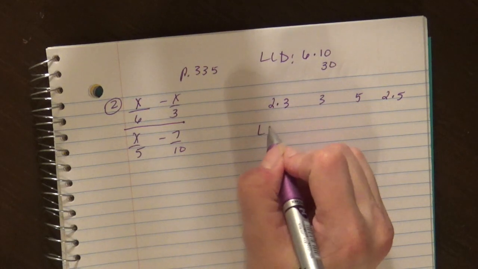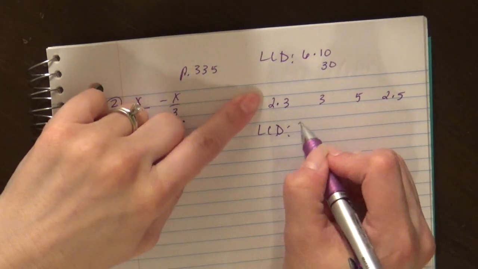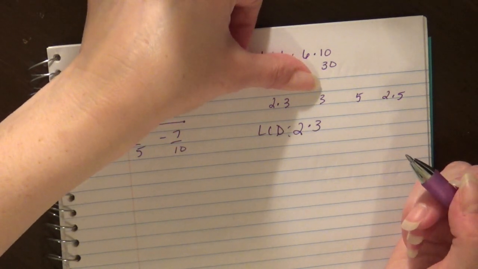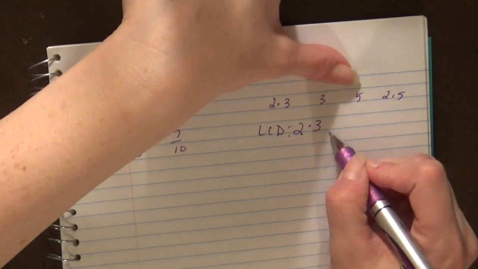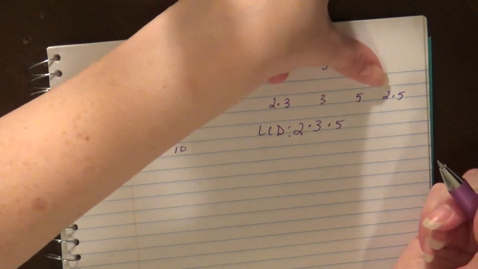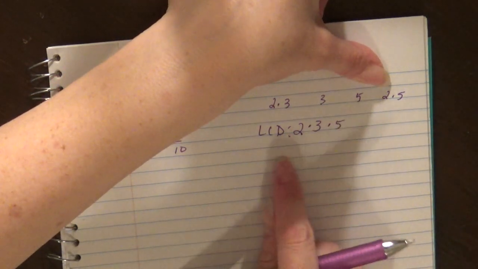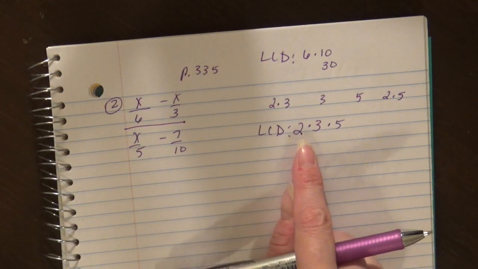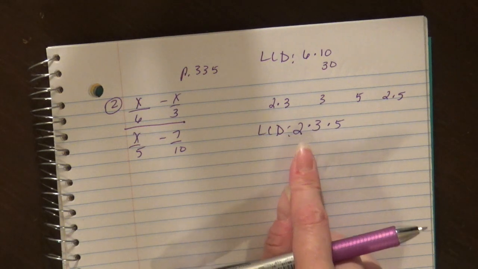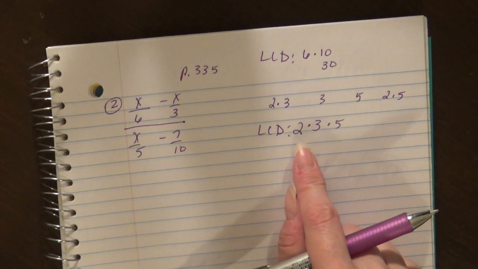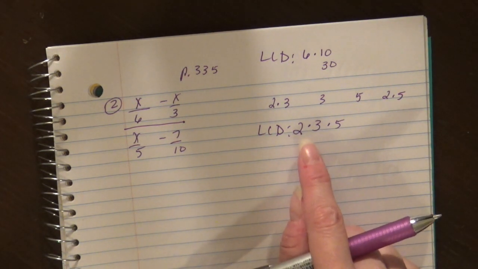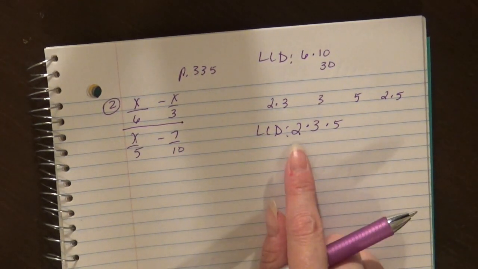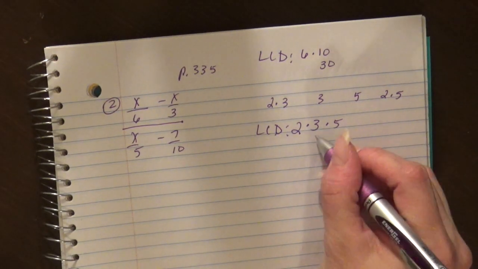So your LCD needs to have a 2, needs to have a 3, okay? I've already got 3, so I don't need it again. I need a 5. There's another 2, but I already have it, and there's another 5 that I already have. So these are all the factors that I found from each of these denominators. So that gives me an LCD of 30.